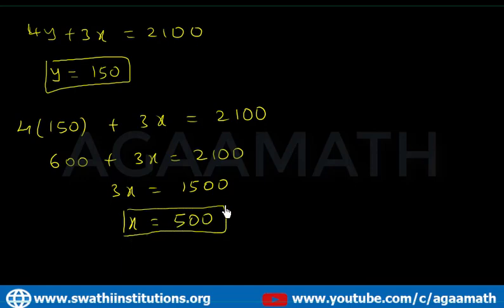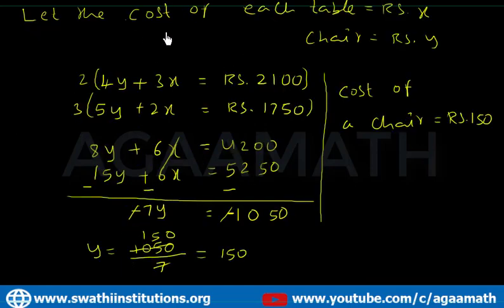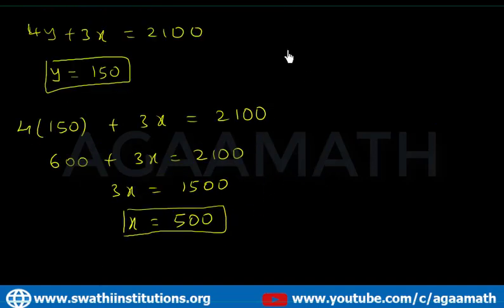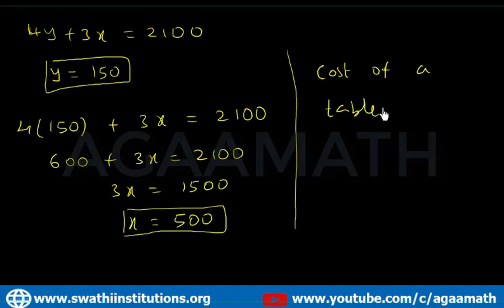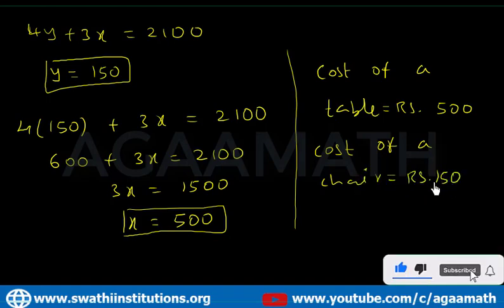So x is the cost of each table. So the cost of a table equals rupees 500, and the cost of a chair equals rupees 150.